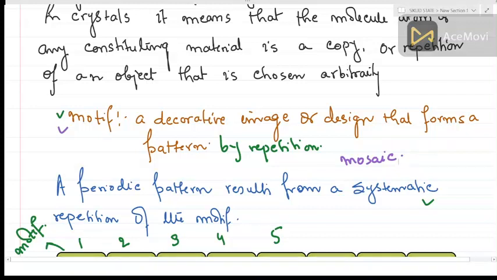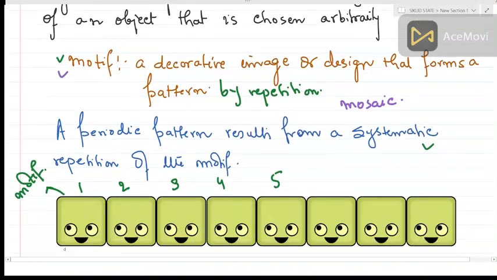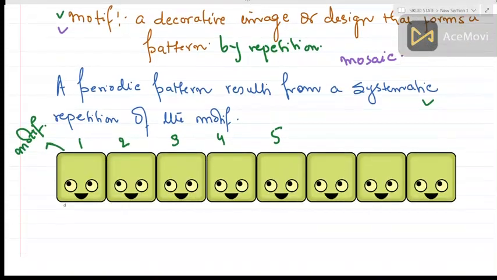A periodic pattern or a regular pattern or a particular arrangement appears when we have a systematic repetition of the motif. How is it so? Suppose this square is the motif and this square is repeating 1, 2, 3, 4, 5, 6, 7, 8. Every one is identical. Now how is it formed?